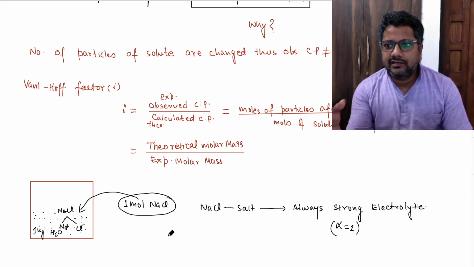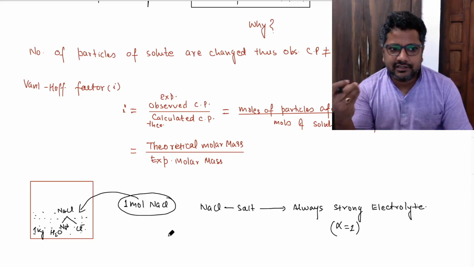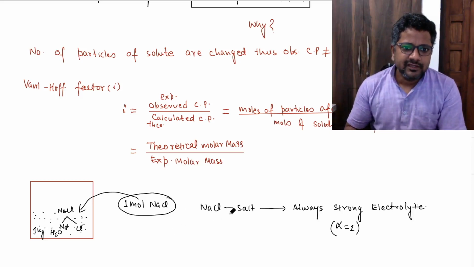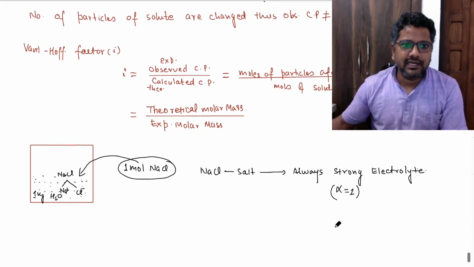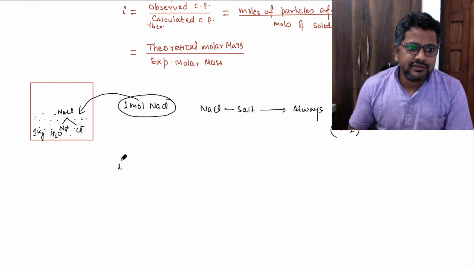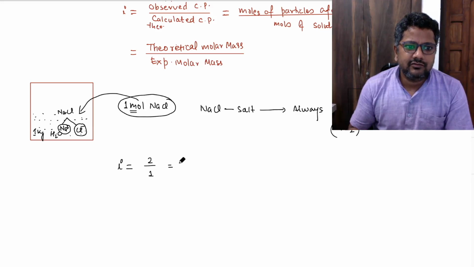If you are expecting the relative lowering in vapor pressure by x degree, you will get experimentally 2x. If you are expecting elevation in boiling point T degree Celsius, then you are observing 2T degree Celsius, right? So if you want, you can calculate i for this sodium chloride. i is equal to moles of particles obtained after dissociation, so it is 2 moles, because we have taken 1 mole of sodium chloride, so 2 divided by 1, which is equal to 2, right?